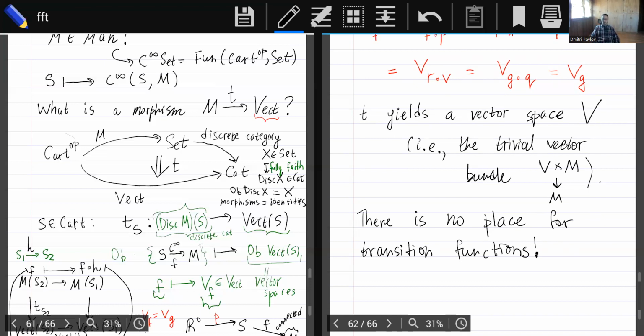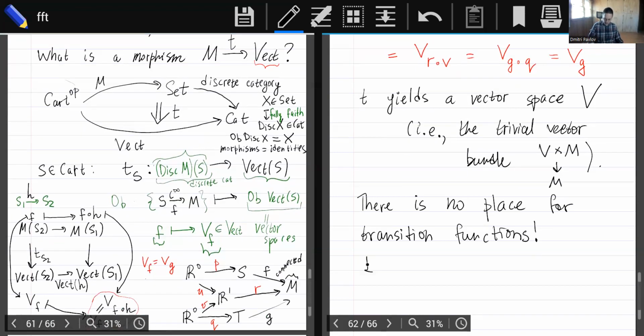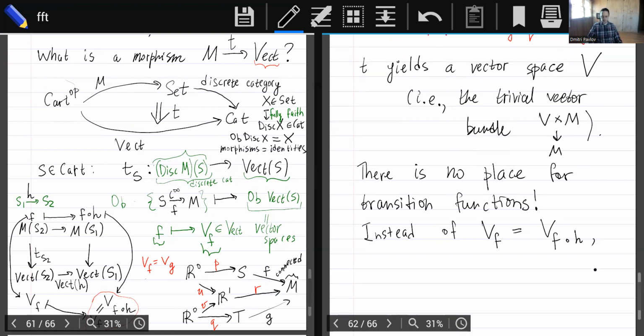Right? So instead of saying that Vf equals Vf composed with H, what we really want, if we recall the usual notion of a transition function, when you restrict to some, say H, for example, let's say H is an open inclusion, then composing with H amounts to restricting to a smaller open subset.